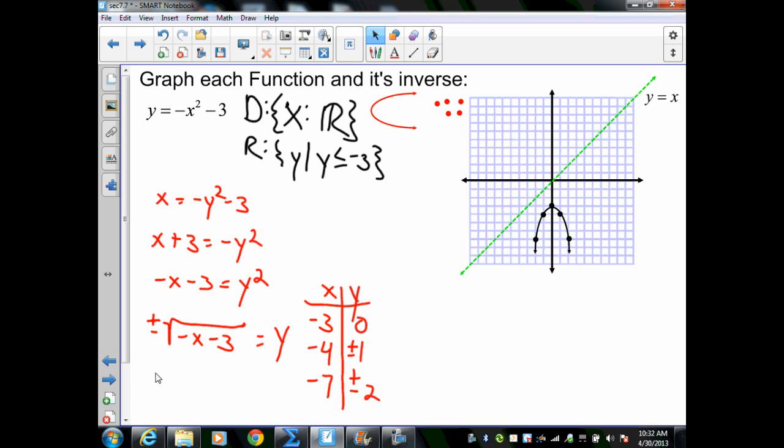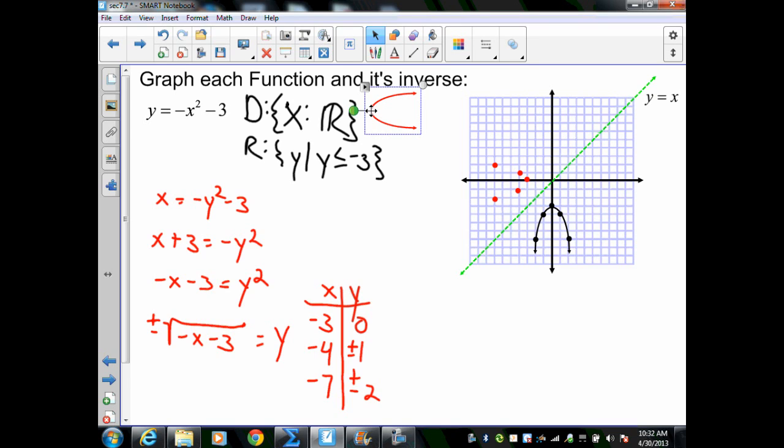Now I'm just going to fill in my ordered pairs. Negative 3, 0. Negative 4, plus and minus 1. And negative 7, plus and minus 2.